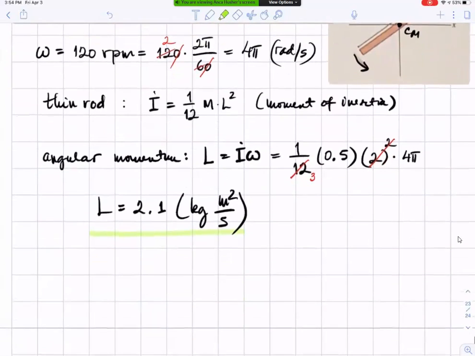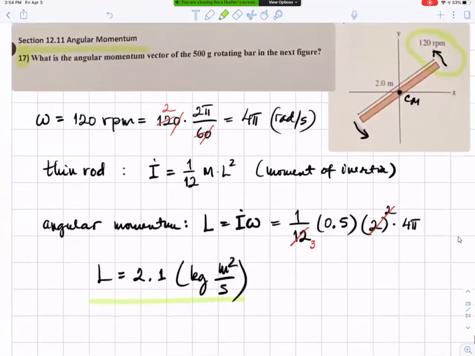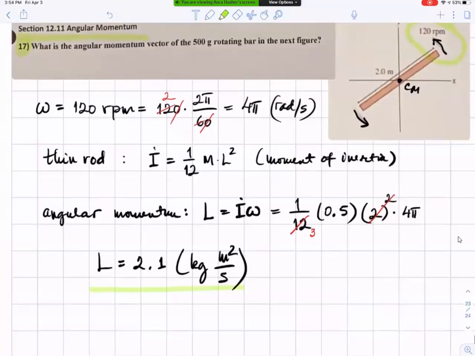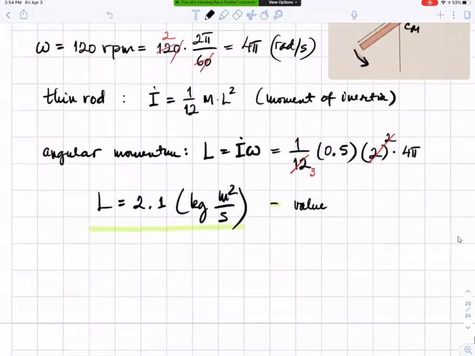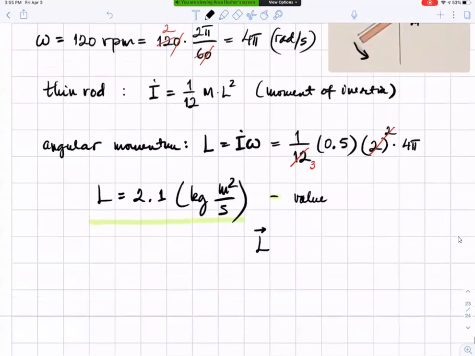Remember, this is a cross product, so L is a vector. This is only the scalar value, so it's an absolute value. But if you look at it as a vector, then hold your right hand, wrap it around, so the thumb will point out of the page.